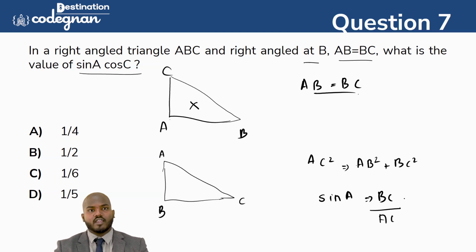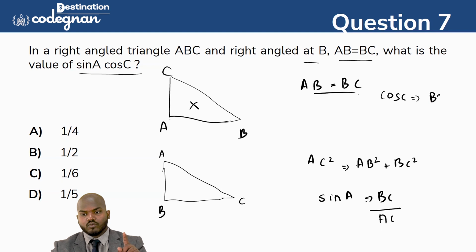What is the formula here? That is the opposite side over the hypotenuse, so we can apply that. Same way, if I write cos with respect to C, it gives the adjacent side over the hypotenuse. This is how the formula will be applied.